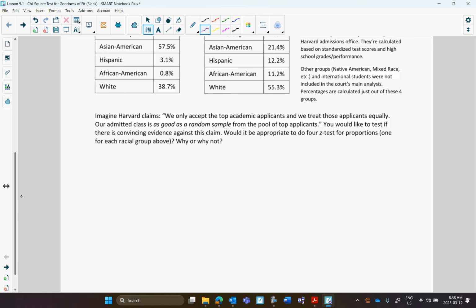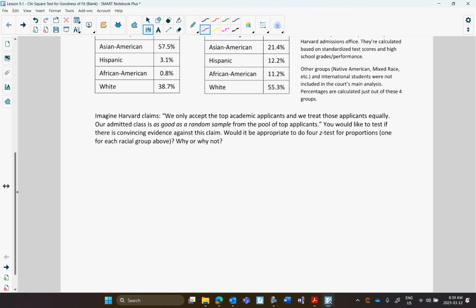Just by looking at the data, like we always do, we look at it and say, boy, that seems to suggest that there was discrimination against Asian Americans applying to Harvard. But we want to be more statistically sound. So imagine Harvard claims: we only accept top applicants, we treat those applicants equally, our admitted class is as good as a random sample.